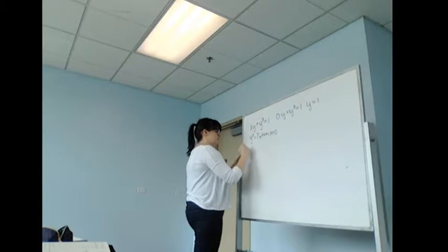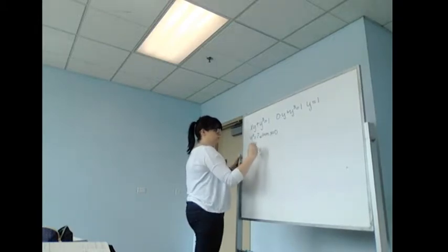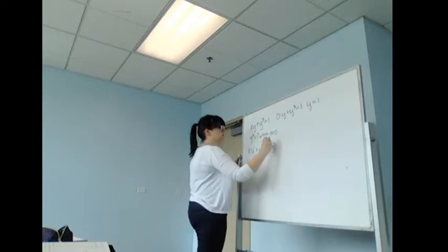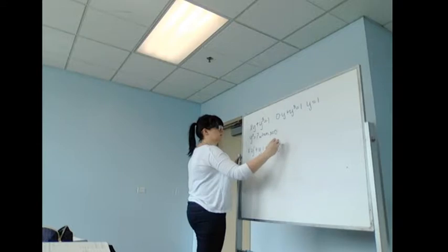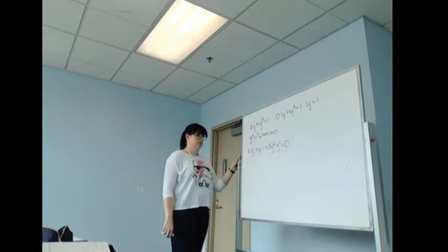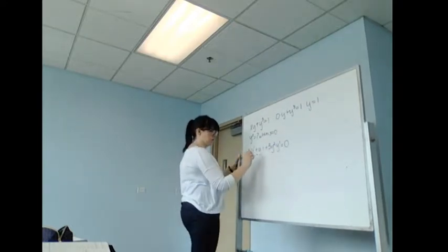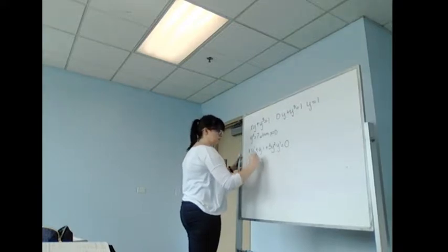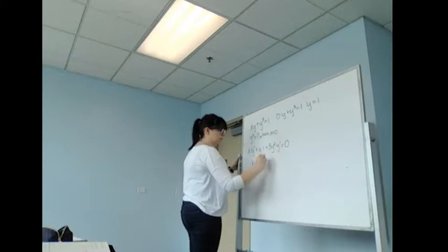differentiating the first times the derivative of the second plus the second times the derivative of the first plus 3y squared times y prime equals 0. So x times y prime plus 3y squared times y prime equals negative y.